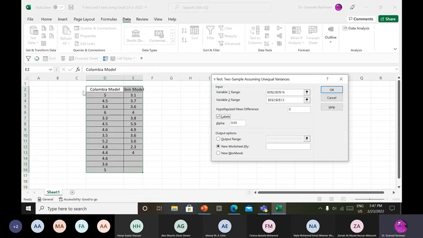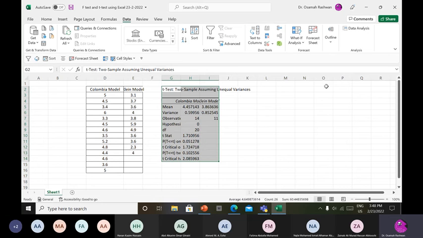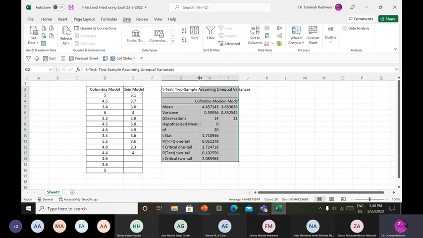I have a label. Yes, I have a label. This is the label. Okay, it is 5%. Yes, it is given 5%. I need to have the result inside this one, so I can put the mouse anywhere here, but I make sure the mouse is in this white box and press OK. I get the result. I can just make it wider.